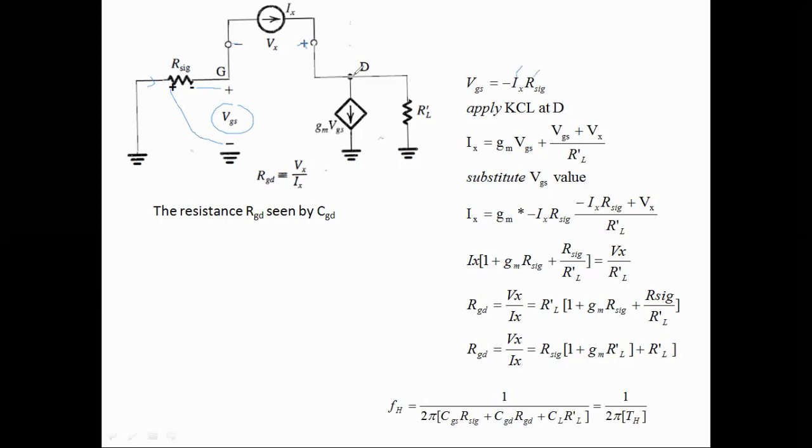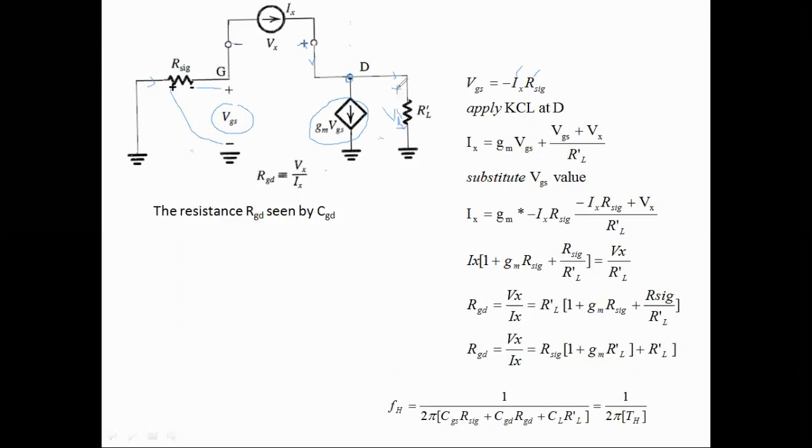If you apply KCL here, the incoming current Ix equals the two outgoing currents. One is gm into VGS, plus the current flowing through this one. Considering current entering as positive and leaving as negative, the voltage across this one is VRL dash, so VRL dash by RL dash.